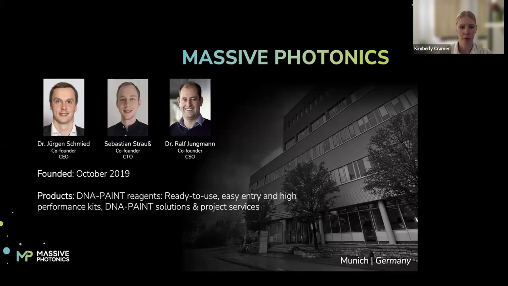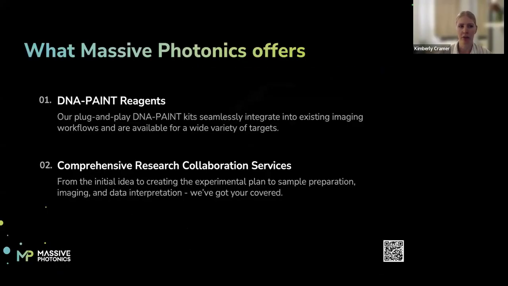Essentially what Massive Photonics offers is DNA paint reagents, so plug and play labeling kits or imaging kits for a variety of different targets, different protein targets or RNA, as well as comprehensive research collaboration services. So if you have a project in mind and you want to perform DNA paint, but you're not sure how it works or how to do it, we also offer such services.